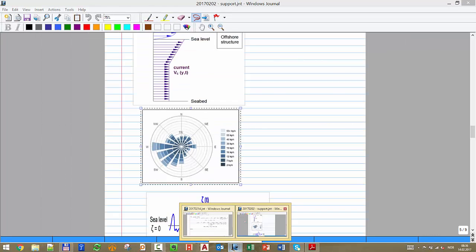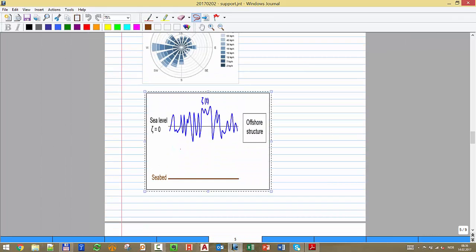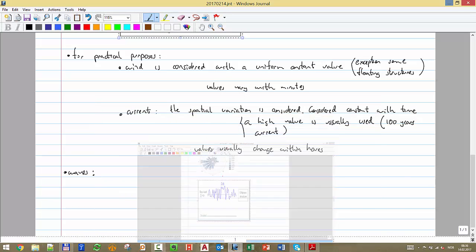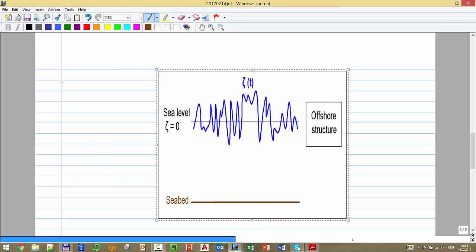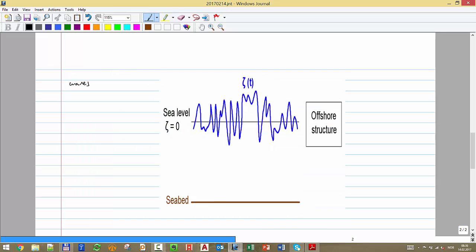Okay, so let's look at waves. What I'm doing here is putting a reference. Let me put it on the next page. I'm making a reference that's called wave elevation, and I'm attaching a reference to a constant sea level. Let's say that's the average.